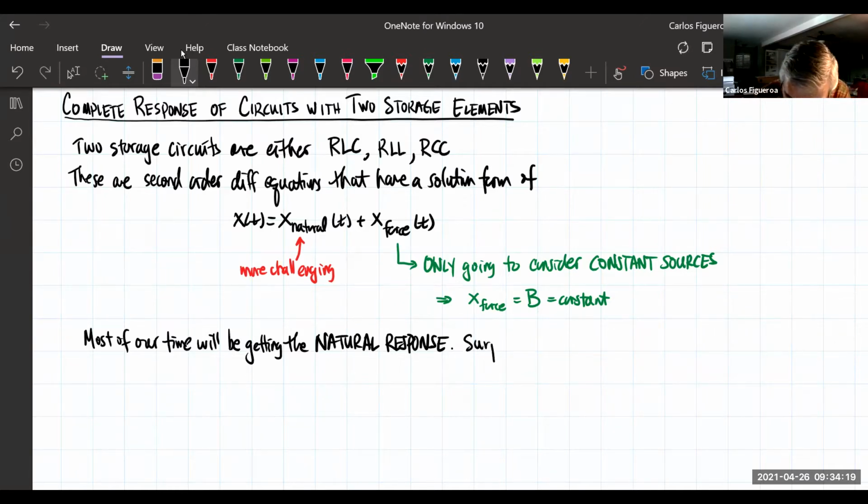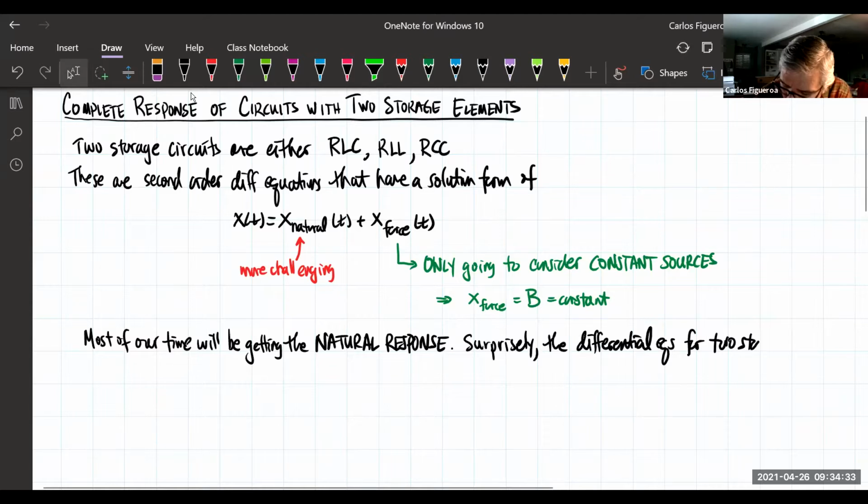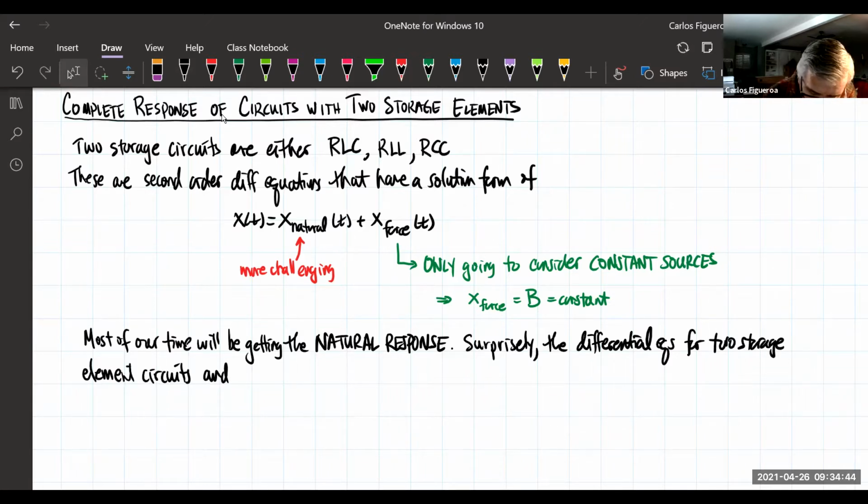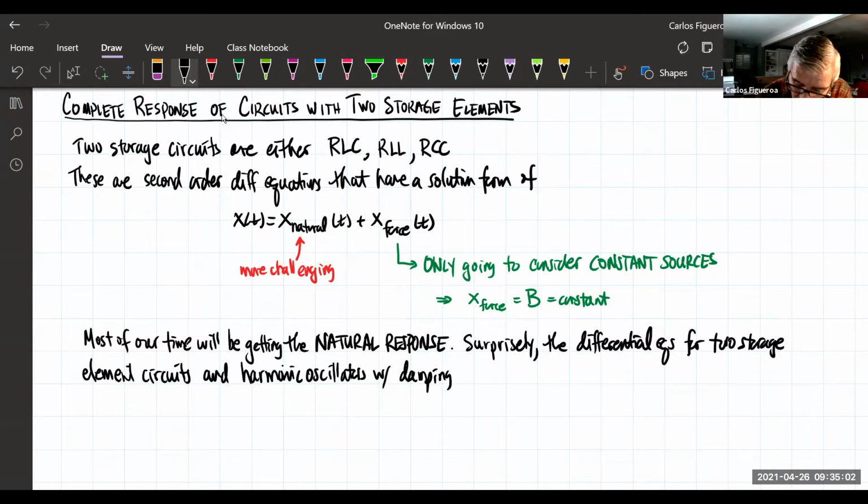So surprisingly, the differential equations for two storage element circuits and harmonic oscillators with damping are the same. And that is crazy.